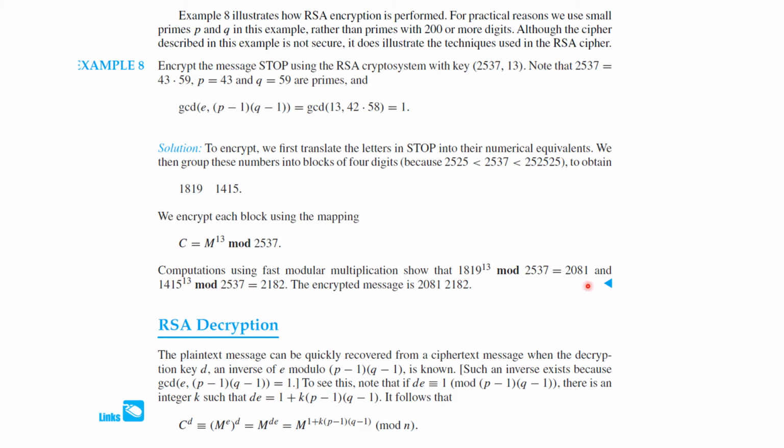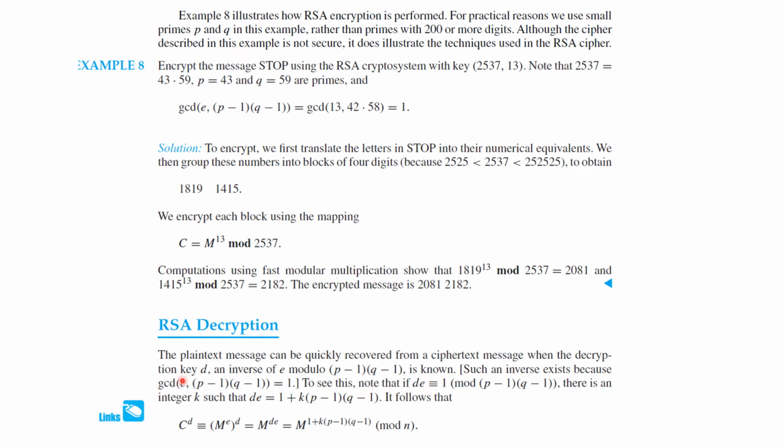Computations using fast modular exponentiation show that 819 to the 13th power mod 2537 is 2081, and 1415 to the 13th power mod 2537 is 2182. Again, you should verify these calculations. So the encrypted message is these two blocks.